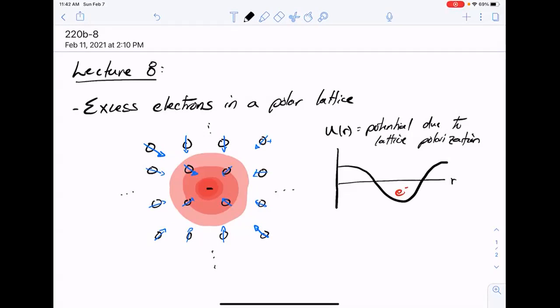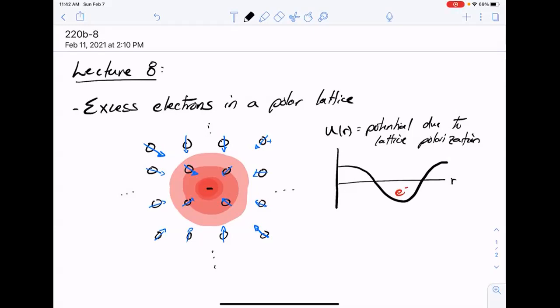But from the perspective of the lattice, all sites are equivalent, so the electron must see all sites being equivalent. So statistically, we would expect the electron to still move through the lattice. But at each point, we expect this physics of polarization, of trapping the electron, to still occur.